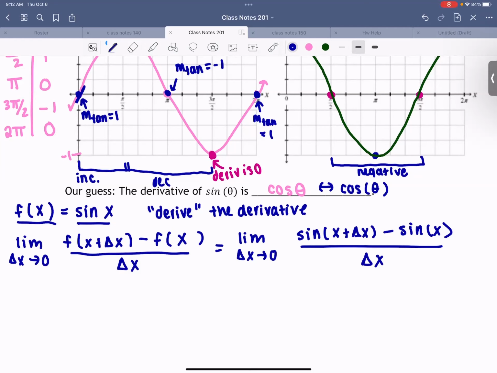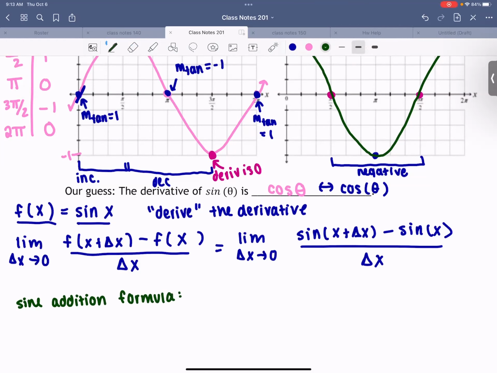Does anyone know a formula to split it? All right, I'm going to spoil it for you. There is a trig identity called the sine addition formula. I don't think I showed it to you in pre-calc.